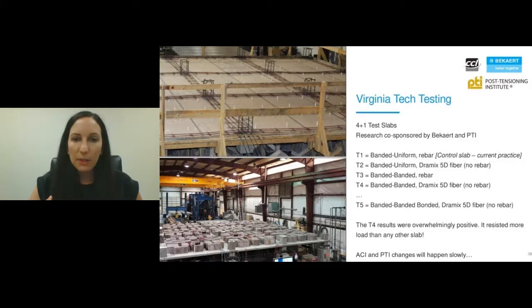T1 is the control slab. This is a banded uniform slab with rebar, so that would be typical to any kind of flat slab PT project that you might see currently. T2 is a banded uniform approach with Dramix 5D fibers and no rebar whatsoever. T3 is a banded approach with rebar, and T4 is a banded approach with steel fibers.